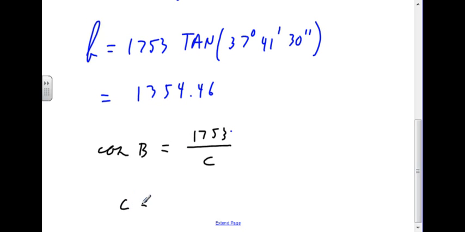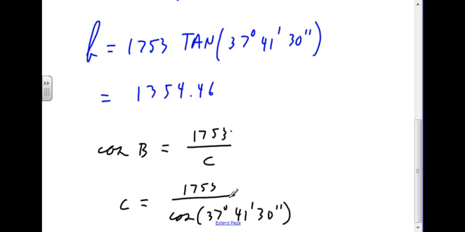So C, the hypotenuse, is going to be 1753 divided by the cosine of 37 degrees, 41 minutes, 30 seconds. And that way I don't have to use a number that I calculated to come up with C.